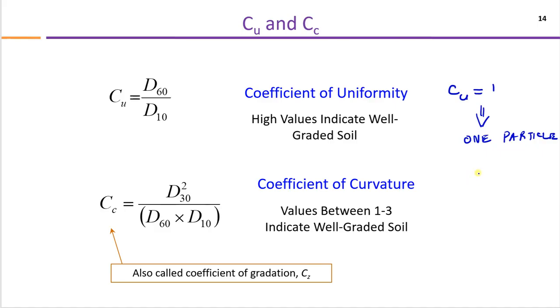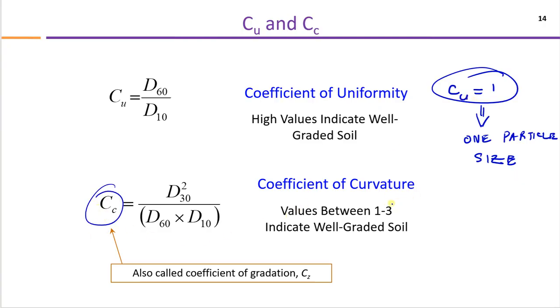It might be close to 1, like 1.2, 1.3, 1.5. One particle size only, if it is 1. So the minimum value of Cu is going to be 1, and what is the maximum? There is no upper limit. As this number increases, the soil gets better graded, and the higher the number, the better the soil. And the second is the coefficient of curvature.